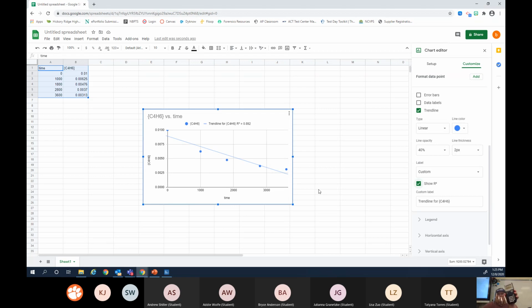You can do the exact same thing on your graphing calculator. Where the Y equals button is, where you would normally graph, up above it is the stat plot. So we're going to hit second, stat plot.